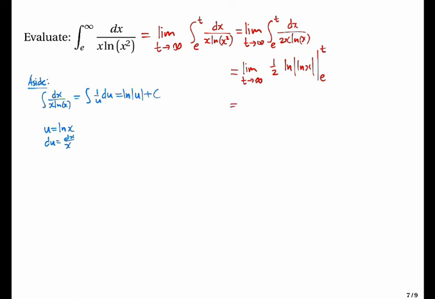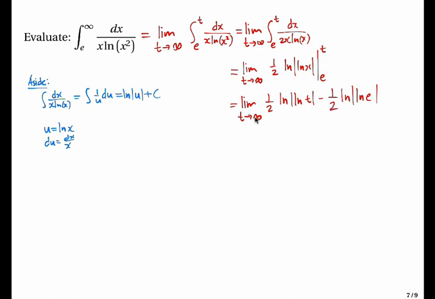Therefore, we will have the limit as t approaches plus infinity of 1/2 ln absolute value of ln of t, minus 1/2 ln absolute value of ln of e. But ln of e is just 1, and ln of 1 is 0, so this will just disappear.